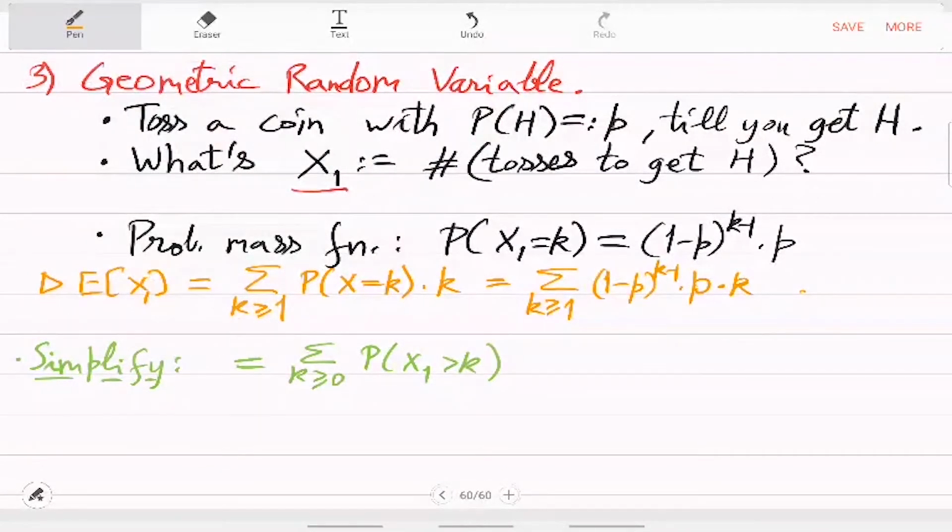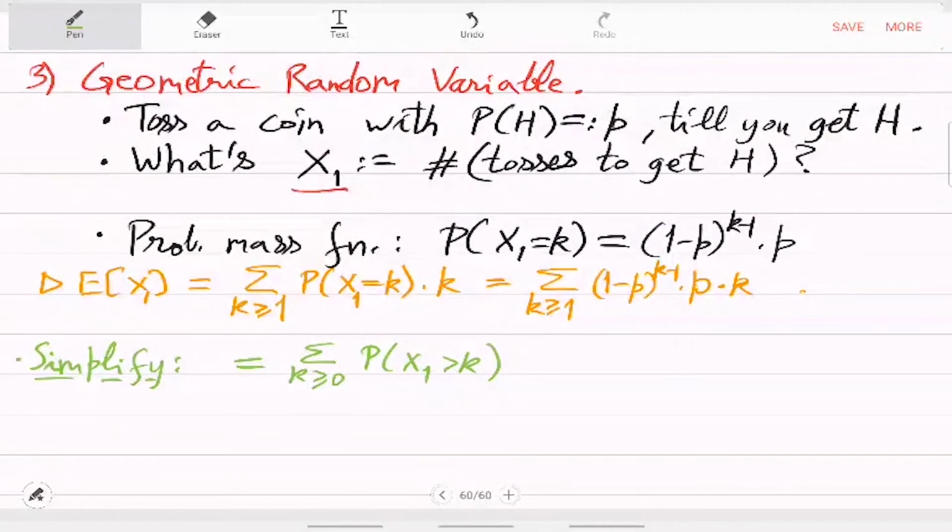Let me correct this, this was x1 and not x. Why can I say that? In the first infinite sum, for some value, say k equal to 10, that probability is being multiplied by 10. So you just want to make sure that the probability x1 equal to 10 in the second sum appears 10 times.